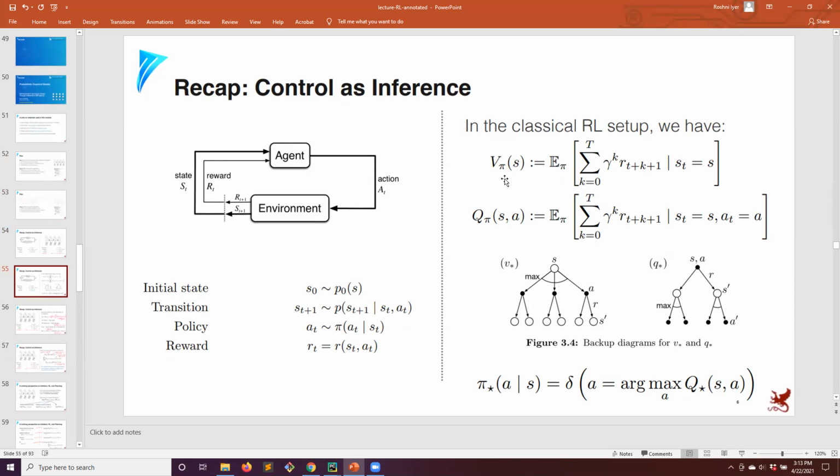And we had seen the value function and the Q function from previously by following this policy, pi.